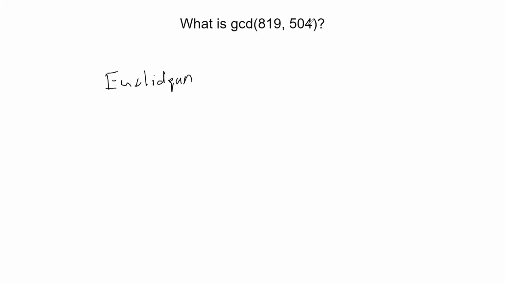So essentially, what it says is that the GCD of, let's just call these two numbers, m and n, is equal to the GCD of, now let's just say that m is greater than n, doesn't matter, but it's equal to this.